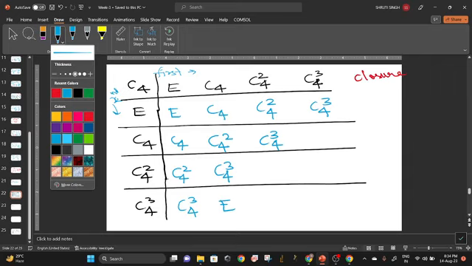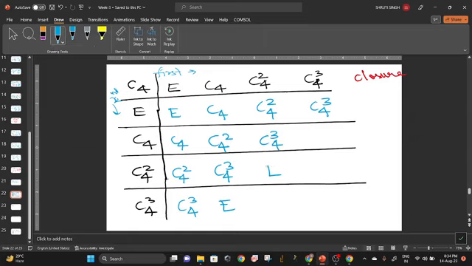Now C4 square dot C4 square will be C4^4, which is E. Now this one, C4 square dot C4 cube, is C4^5, so C4^5 is C4^1, which is C4.